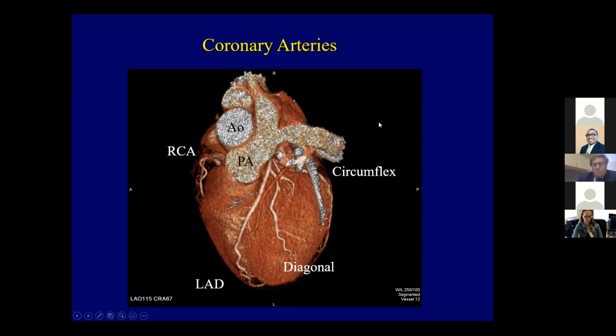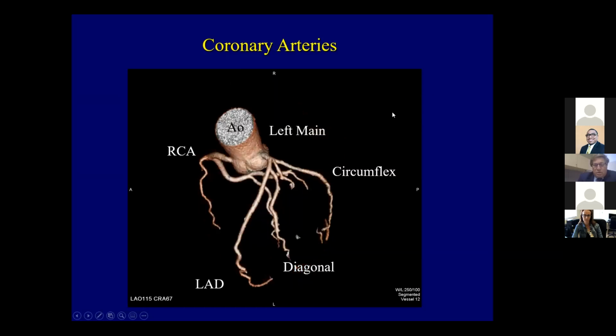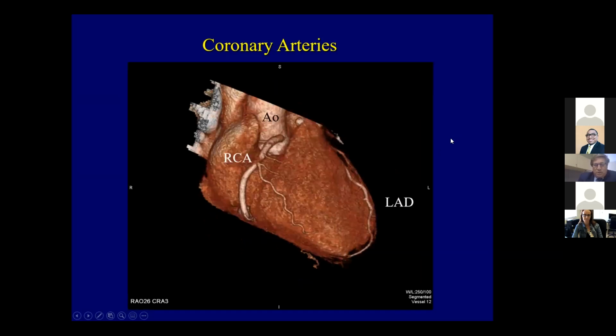We can then use specialized software to light up the coronary arteries and slowly make the myocardium more transparent to see our entire coronary artery tree. And now we can see our sinuses of Valsalva with our left main, our LAD, our circumflex, and our right coronary artery, and can evaluate the lumens of the entire cardiovascular tree.